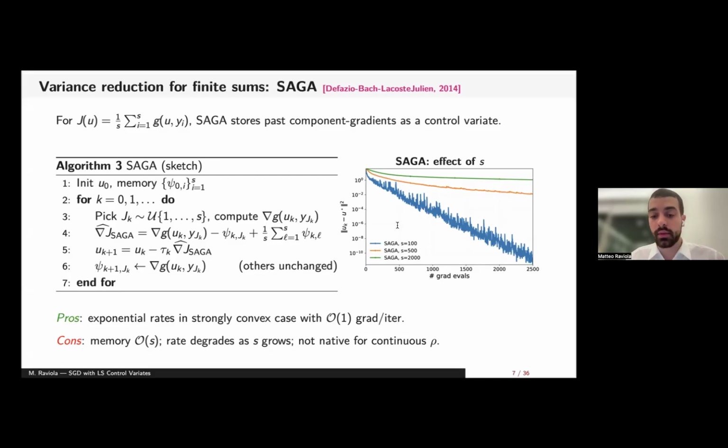This is a byproduct of the fact that this method is not native for a continuous probability measure, and continuous probability measures arise all the time in problems that we care about. For instance, in PDE-constrained optimization, those problems are written in the setting of a continuous probability measure over the parameter space.